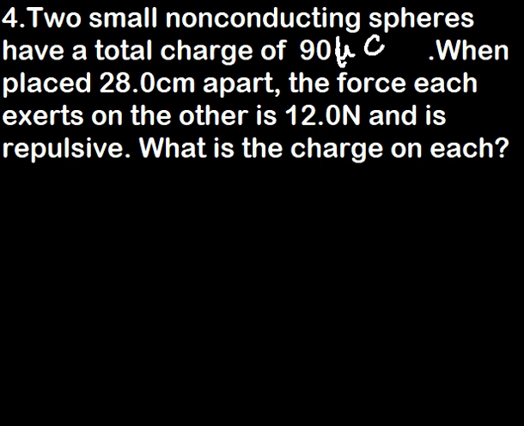And let's say we have this question. Two small non-conducting spheres have a total charge of 90 microcoulomb. Basically we don't know these charges, so we have charge 1, which is unknown, and charge 2, which is also unknown.